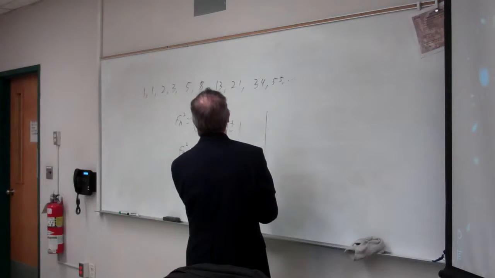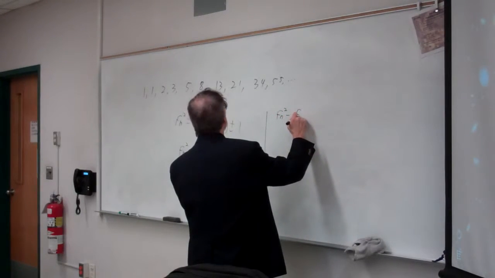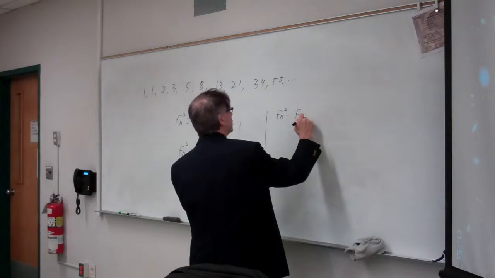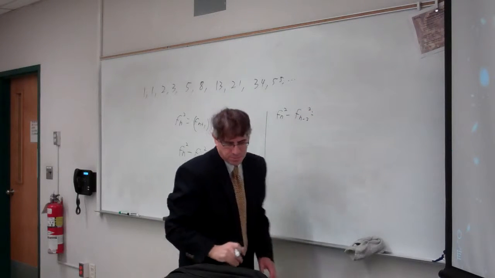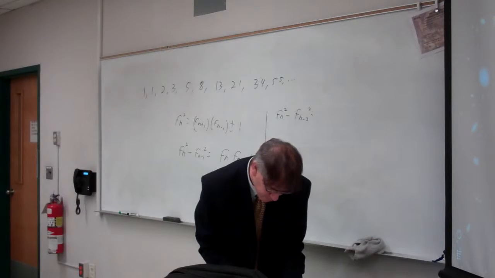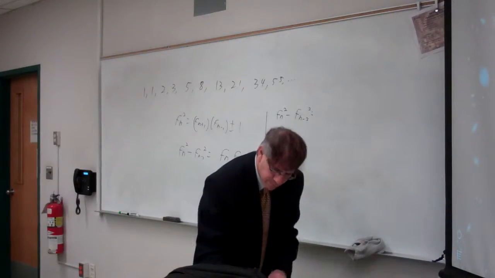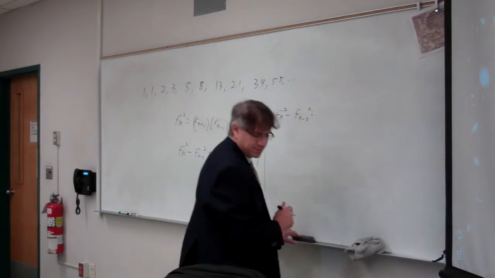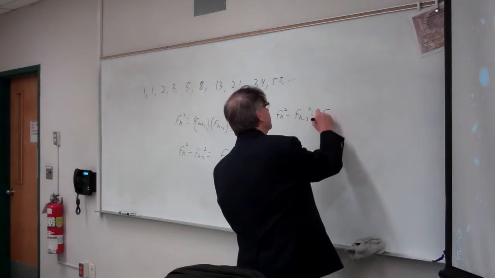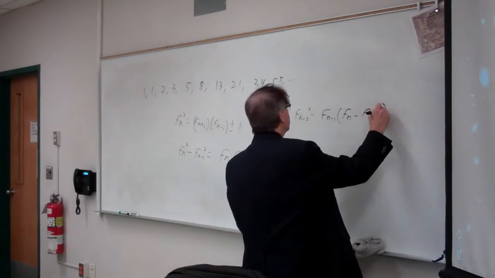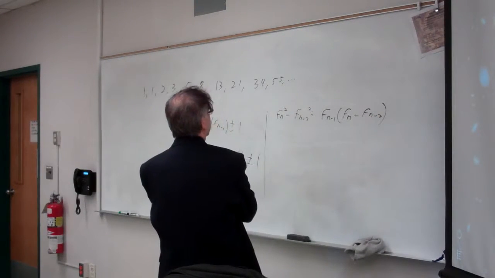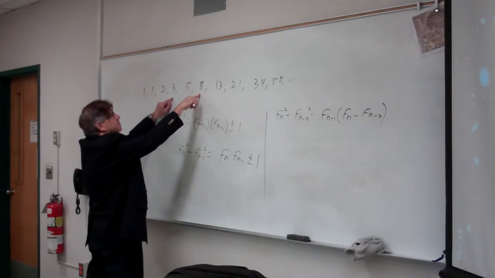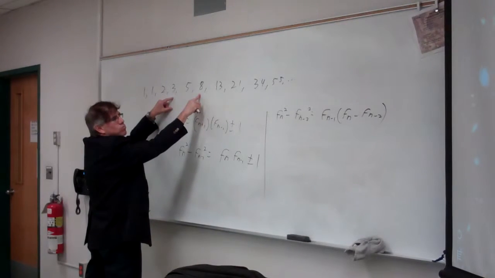The other one, which I didn't prove, but I noticed, is different from the one we just did downstairs. 64 minus 9 is 55, which is 5 times 11.